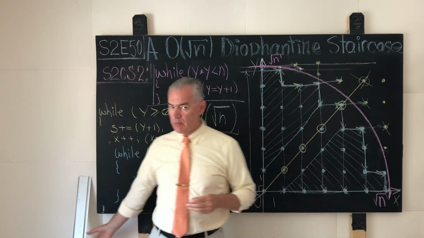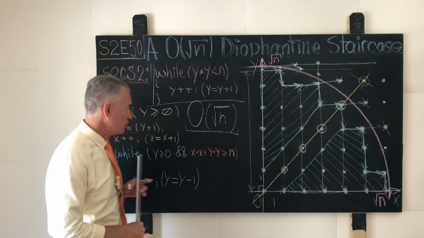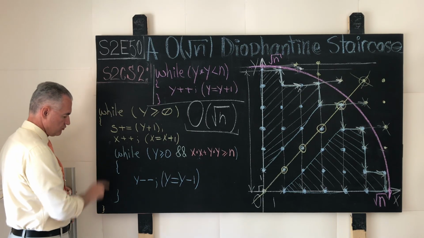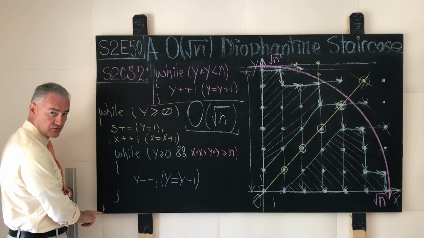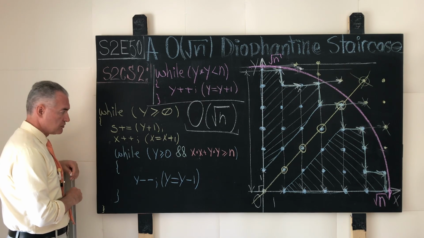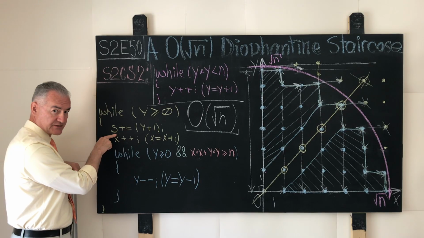If for a moment we go back to our original algorithm, at the end of the yellow loop shown over here, what will be the output of our algorithm? That will be the number s.